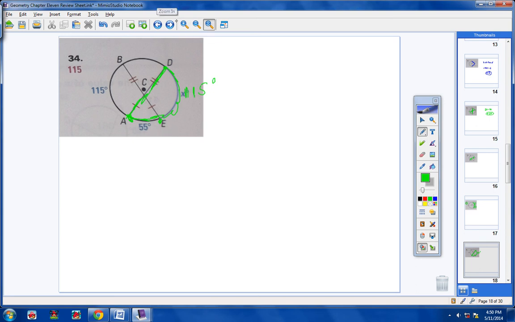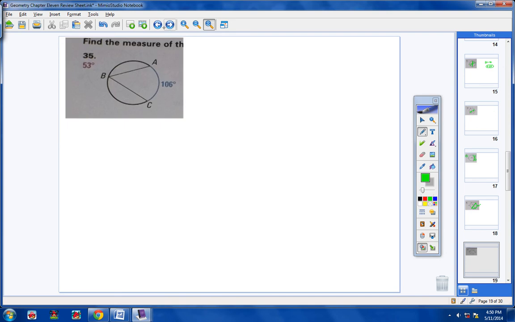Moving on now to the next set of problems. Now for numbers 35 through 37, the directions say find the measure of the angle, the inscribed angle, or the intercepted arc.